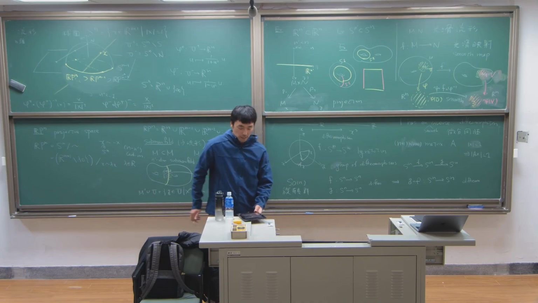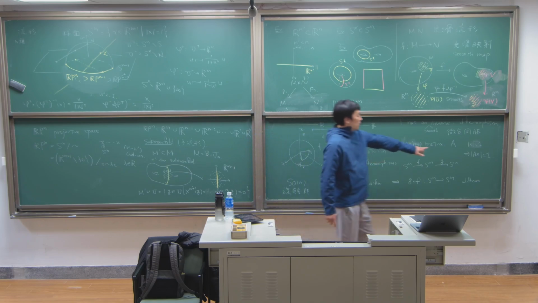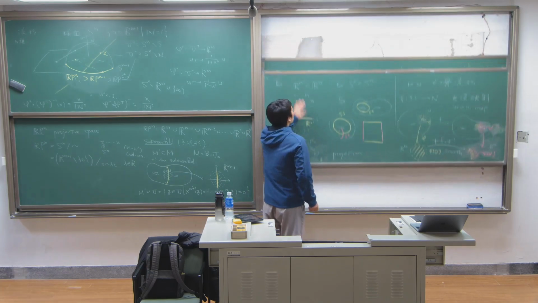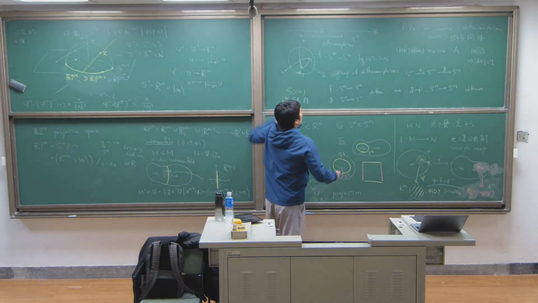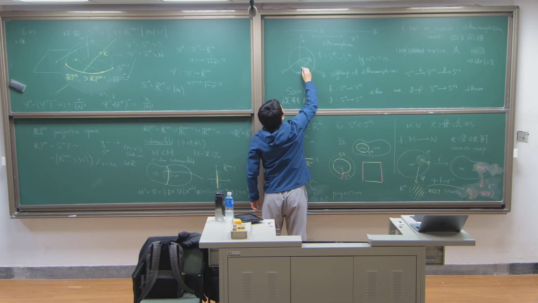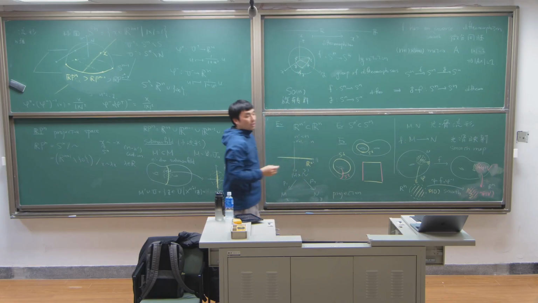That's how you define this group. For instance, the composition of F and G: rotate this way, then rotate another way, and that gives you another rotation.